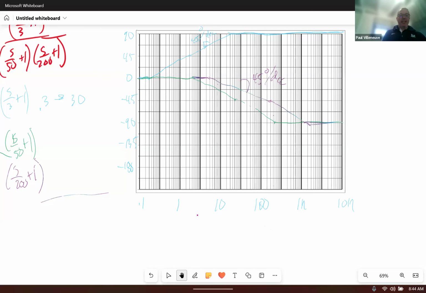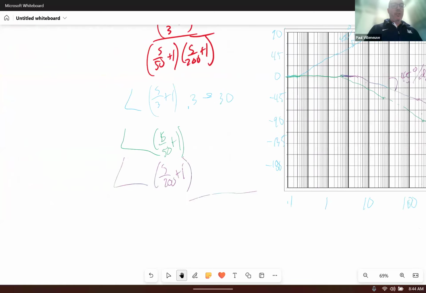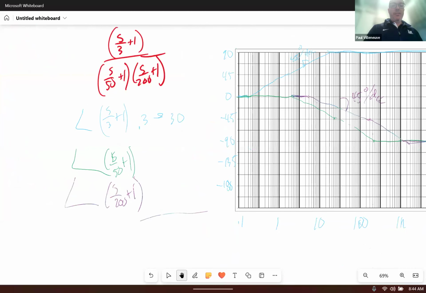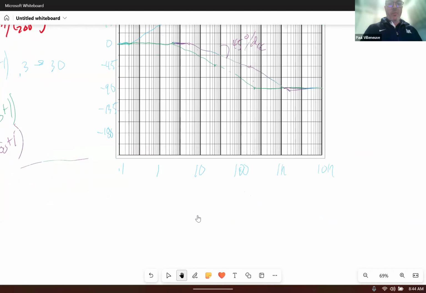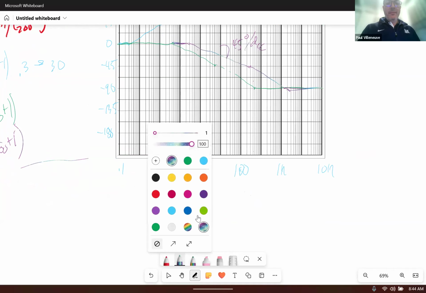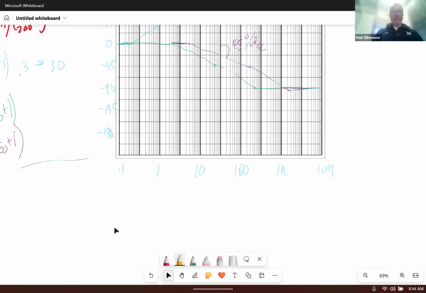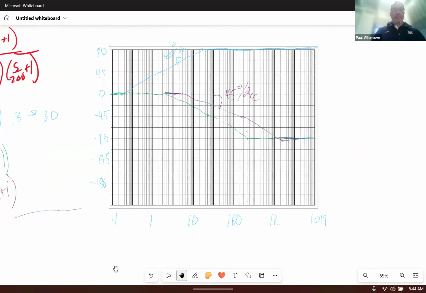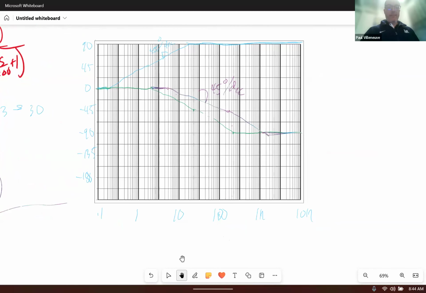Now we're going to go ahead and use, what was the overall one? Color, orange. And we made it a 4-point line. Orange at 4 points. All right, so now we're flat. Then we start going up at 45 degrees per decade.